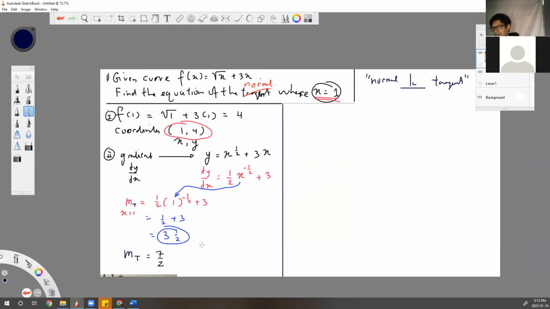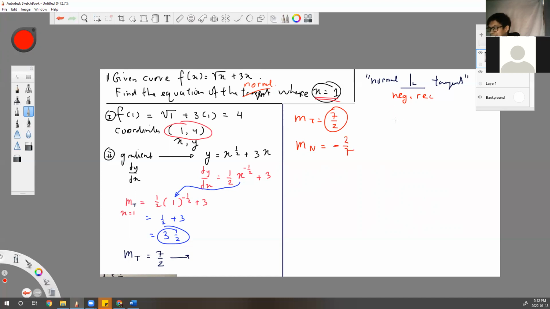If you want to find the normal, you need to take the negative reciprocal. Remember that rule? I always say that to all my students. 90 degrees is always negative reciprocal. So when mt equals 7/2, the normal gradient mn equals negative of 7/2, and switch it.